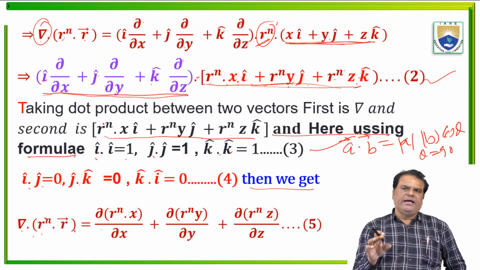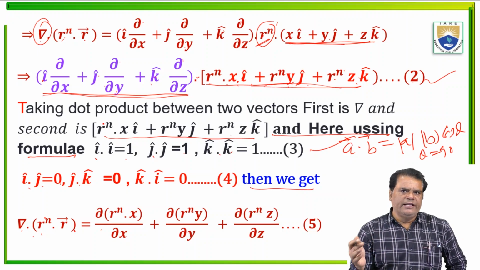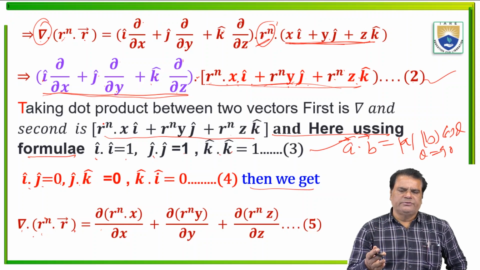So only the multiplications i to i, j to j and k to k survive. Other terms are 0, in which the vectors are different. The dot product between different vectors in a term makes that term vanish, and the dot product between the same vector in a term, that term we get.